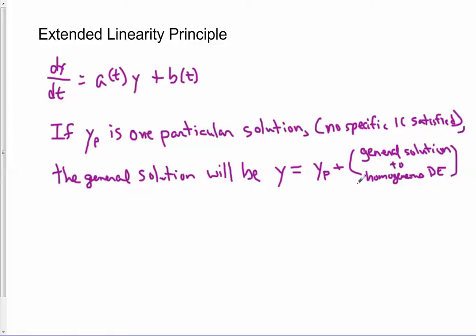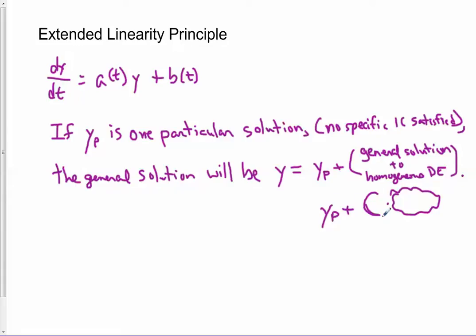So this is really nice. It says that finding one particular solution is enough to then get you the whole thing, because what you do is you just add on the general solution to the homogeneous differential equation, and that guy will have your C in it, right? It'll be C times something, as we mentioned in the first linear principle.